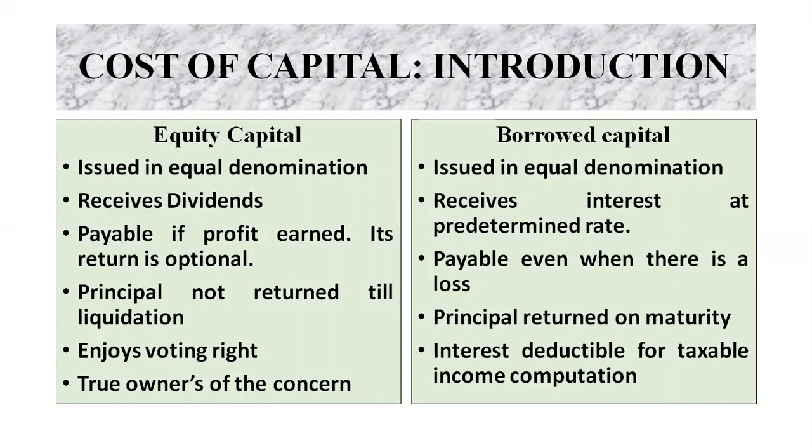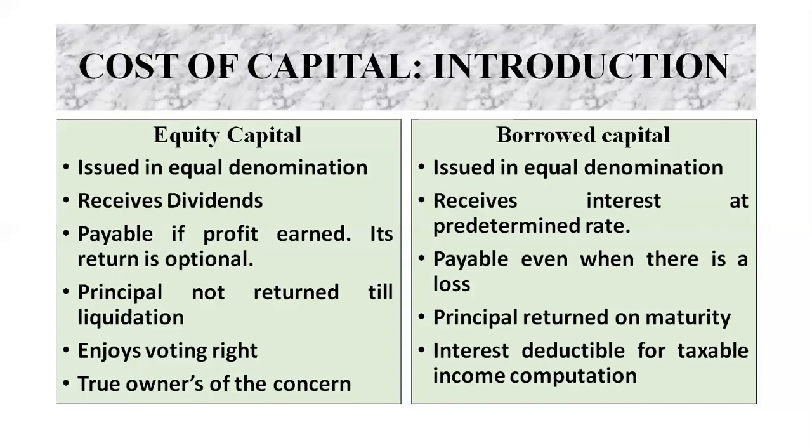It can be rupees 10, rupees 100, like that. So any person desiring to buy the equity share can go to the market and buy the number of equity shares according to his capacities. And immediately after buying it, he becomes a proportionate owner of the company.